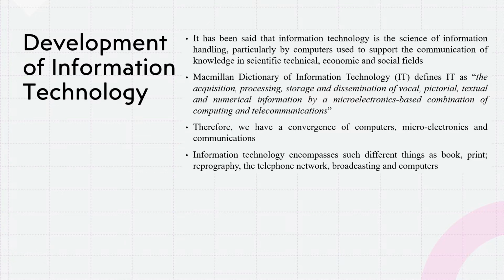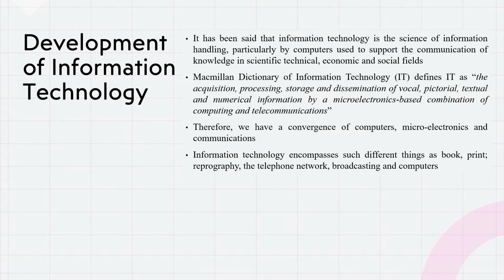Modern information technology deals with a wide variety of representations of information. It covers not only the textual, that is cognitive, propositional, and verbalized forms, but also numerical, visual, and auditory representations. Therefore, we have a convergence of computers, microelectronics, and communications.